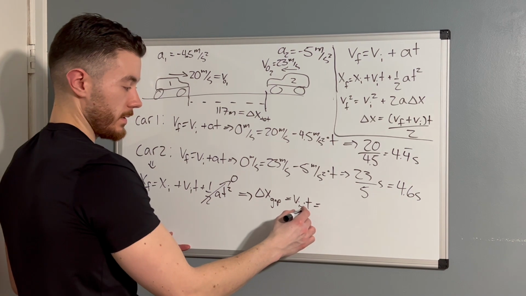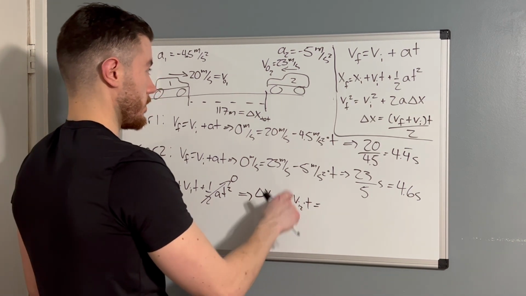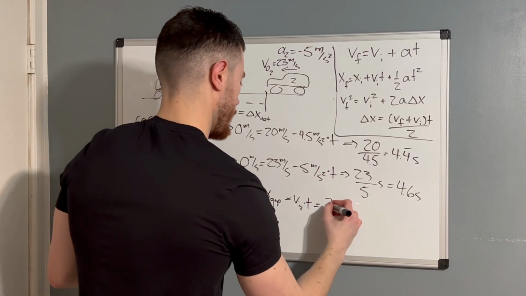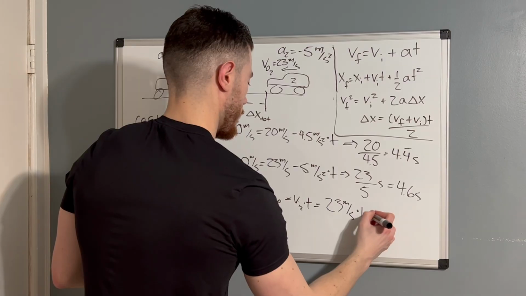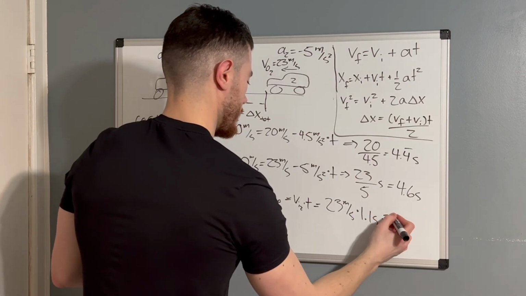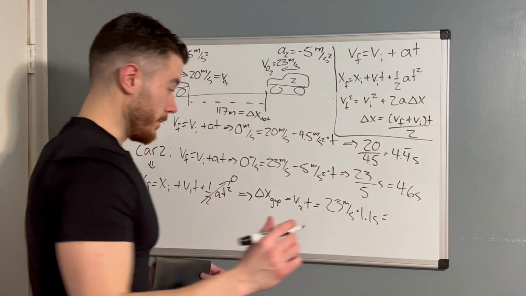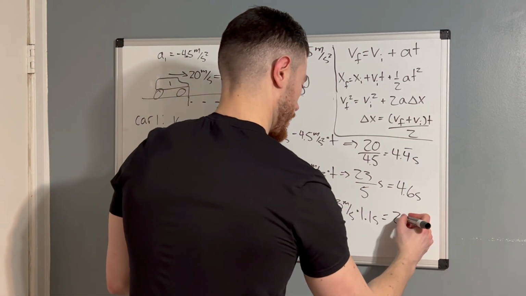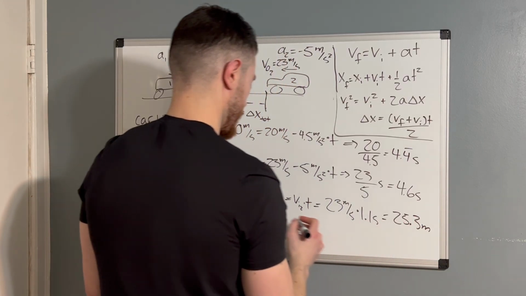And this time is 1.1 seconds, and vi2 is 23 meters per second. 23 meters per second times 1.1 seconds is equal to 25.3 meters. 25.3 meters is delta x gap.